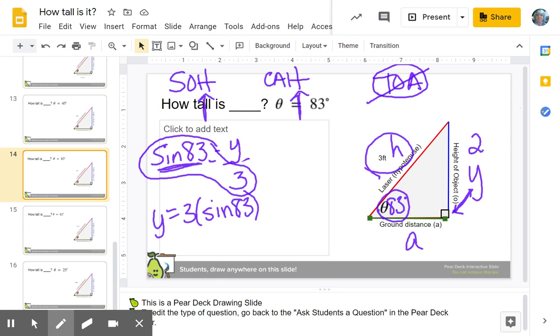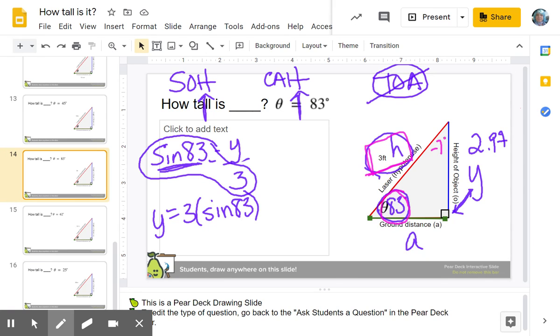So this is going to be 2.97. Wait, so you want to change it to 3.0? I would not, and this is why. Because I've got a hypotenuse of 3, and that has to be my biggest number. Because this is almost a flat triangle, that angle is almost 90 degrees.